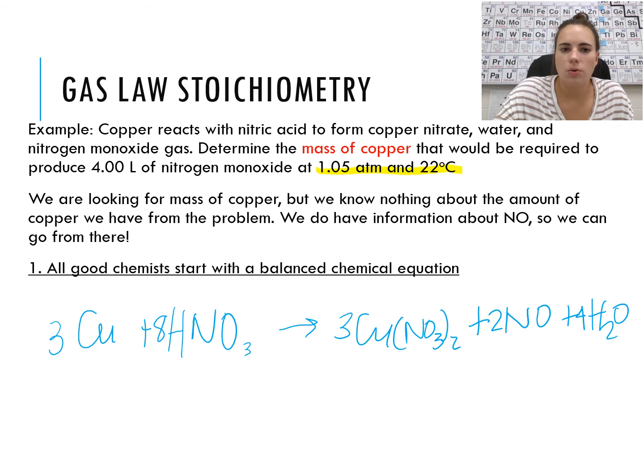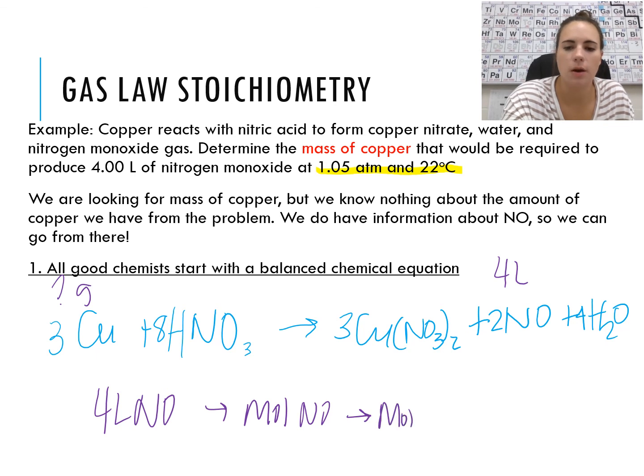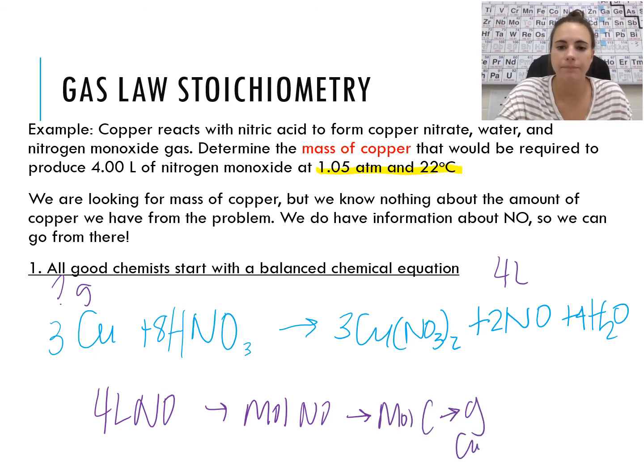So we know that we have 4 liters of nitrogen monoxide. And I want to know what's the mass of copper. So I have to go from liters of nitrogen monoxide to moles of nitrogen monoxide to moles of copper to mass of copper. Okay?